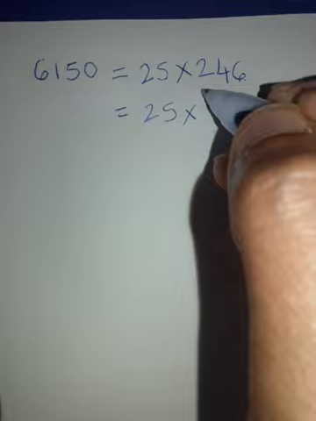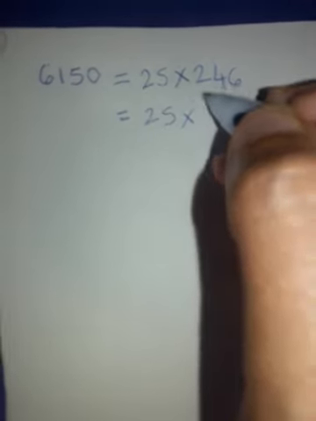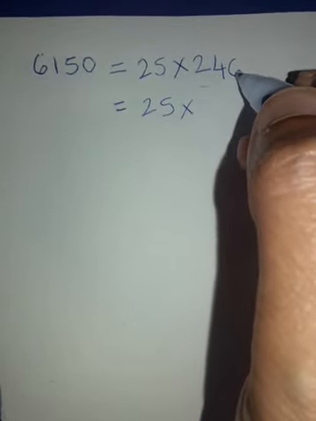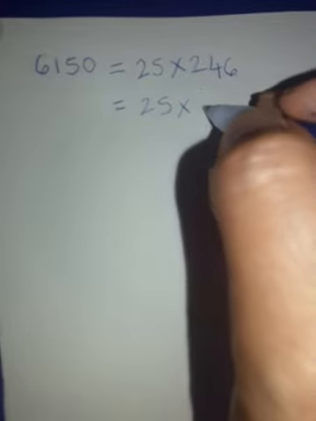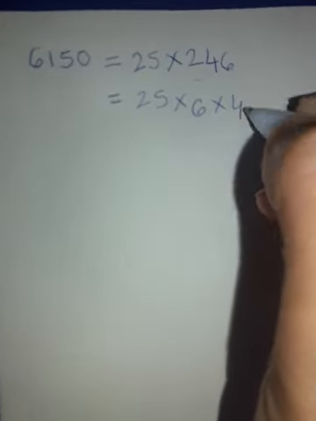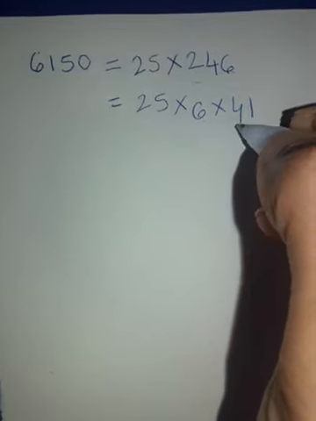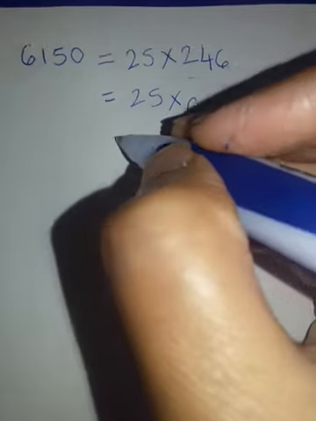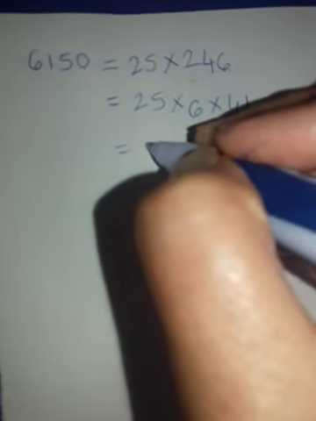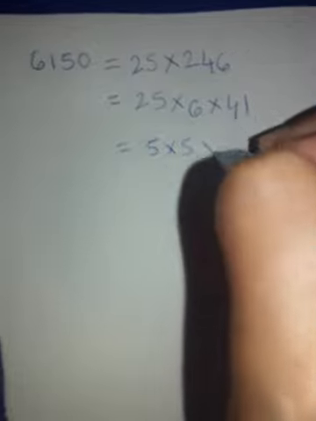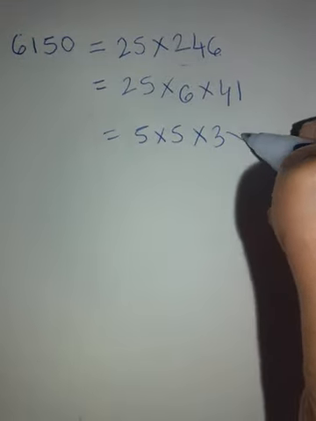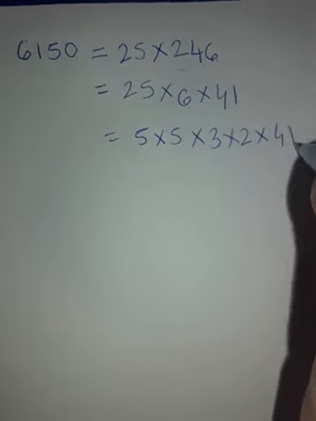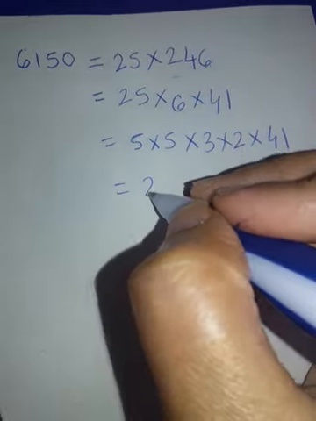Now when I look at this number 246, see 6 4s are 24 and 6 1s are 6. So this is divisible by 6. 41 is a prime number, not further divisible. But what is 25? It is 5 into 5. What is 6? It is 3 into 2, and 41 will be as it is. So your factors are ready.